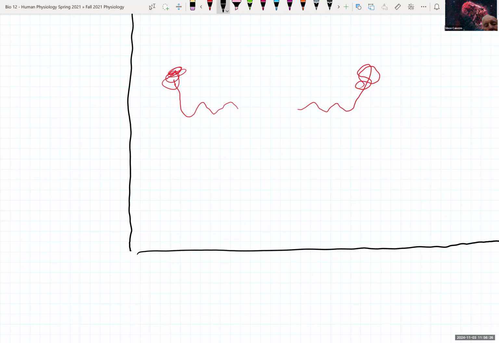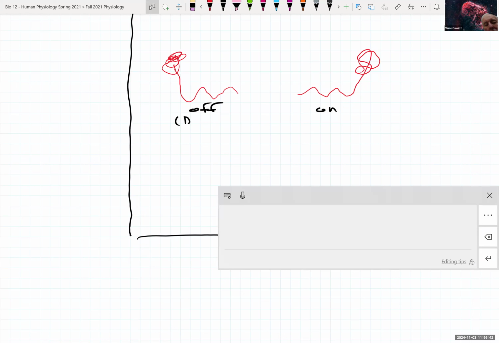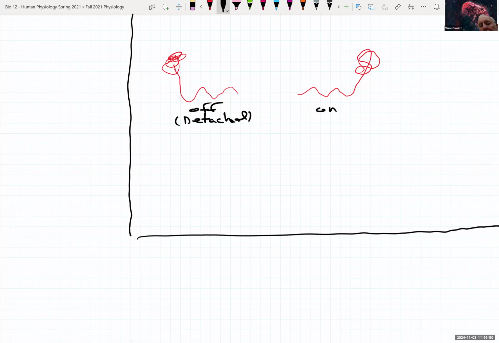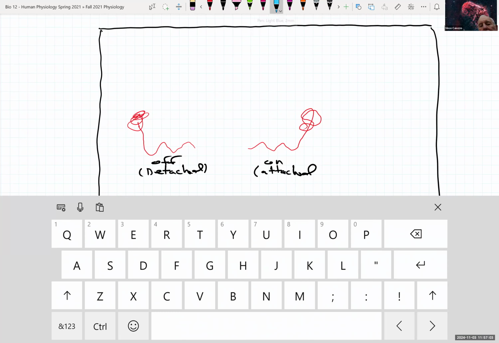So over here, we're going to say that this is the off state versus over here is the on state. A different way of representing this is a detached or attached state. And we need to show the presence of our regulatory myosin light chain.